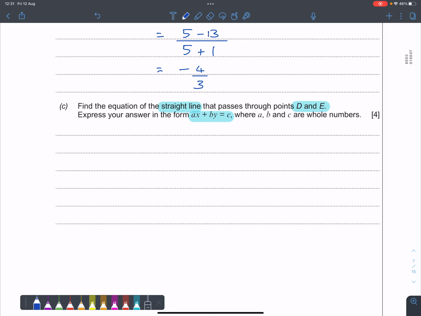If I want to find the equation of a straight line, I'm going to use this formula, y minus y1 equals m(x minus x1), where m is the gradient of the line that I'm looking at. Well, we already have that from up above. And we have our x1, y1, the coordinates of a point that lies on the line.